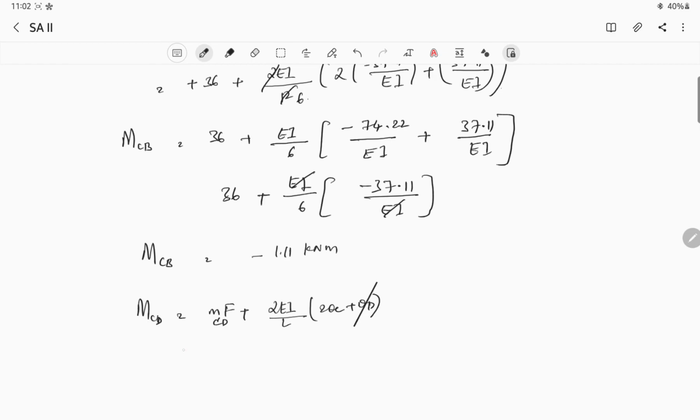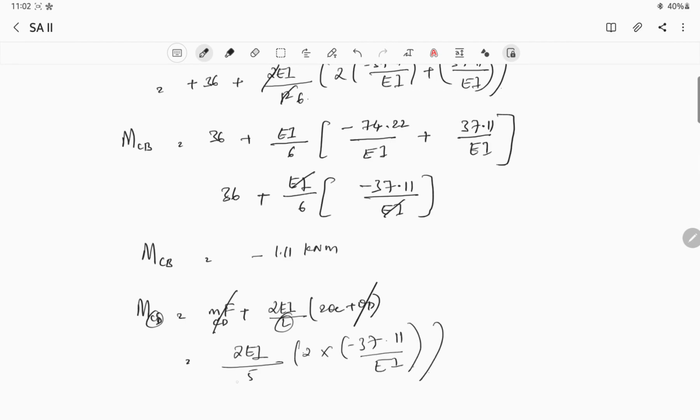What about MFCD? MFCD is also equal to 0. So 2EI by L, span CD is 5 meters, into 2 into minus 37.11 by EI.